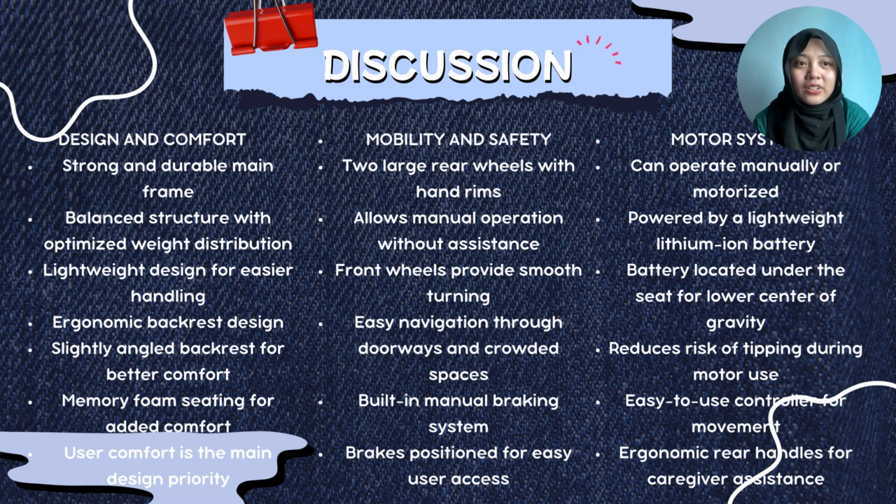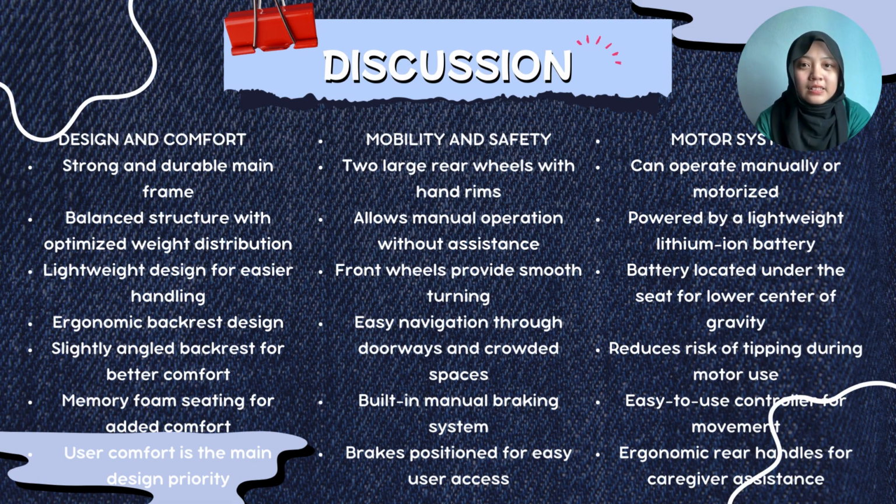Next is easy navigation through doorways and crowded spaces, while having a front wheel that provides smooth turning. It will help us navigate more smoothly in doorways and crowded spaces.